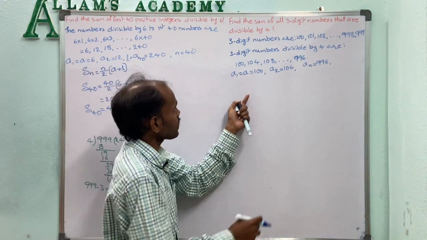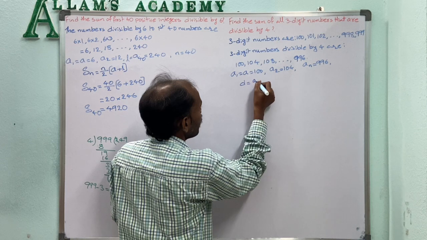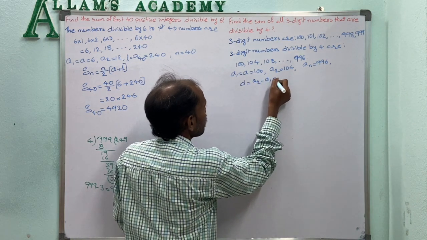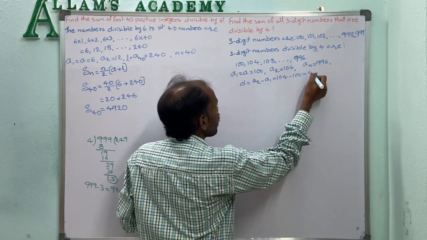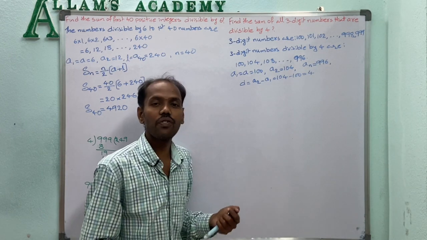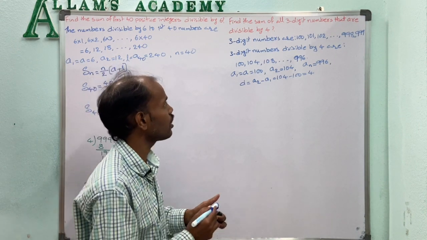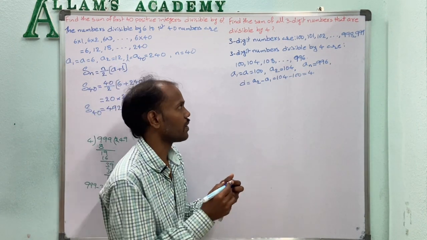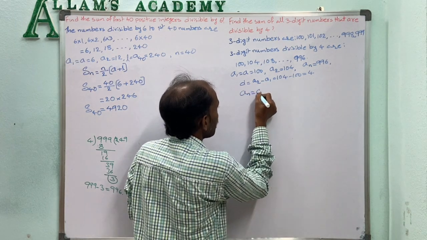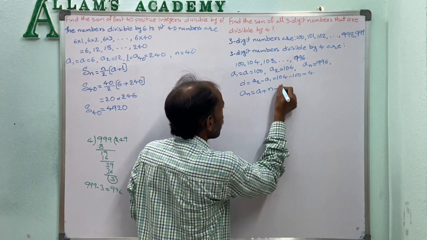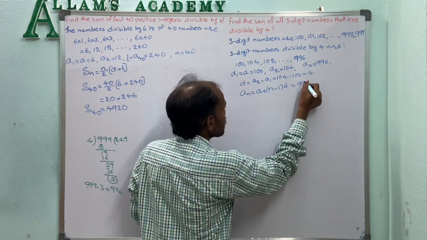So now the common difference d is equal to a2 minus a1, that is 104 minus 100 equal to 4. Now the general form of the nth term, an equal to a plus n minus 1 into d; we substitute to find how many terms there are. So an is equal to a plus n minus 1 into d, that is 996 given.